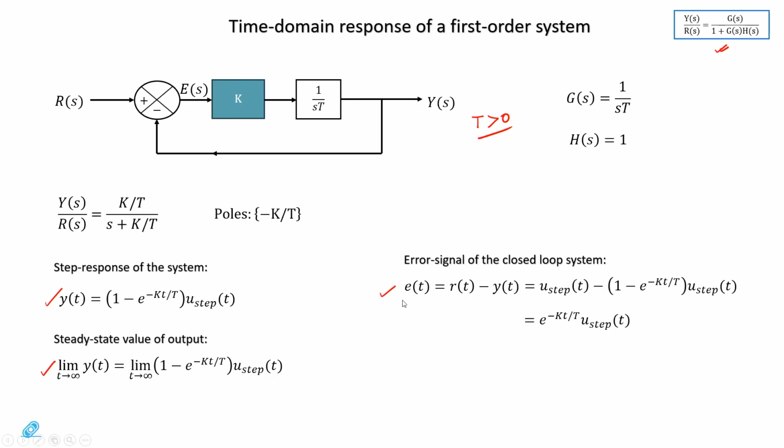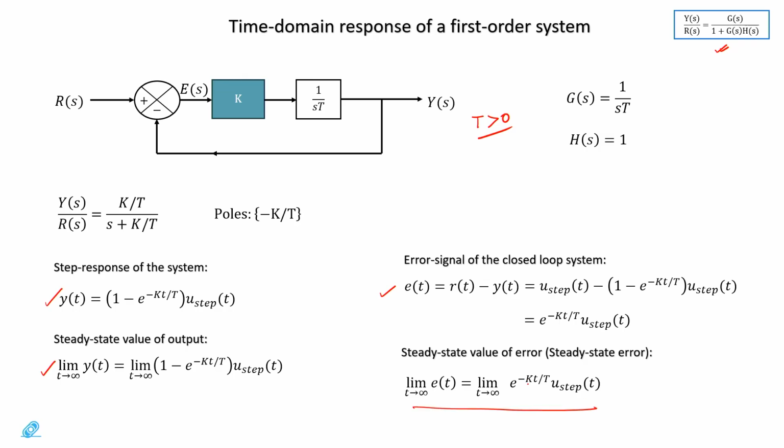In this case also the error will go down to 0, because you are just multiplying with a constant. However, the rate will be different. If k was 1, whatever rate was there, when k is more, the rate will be faster.